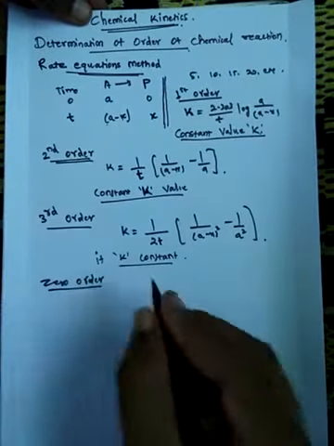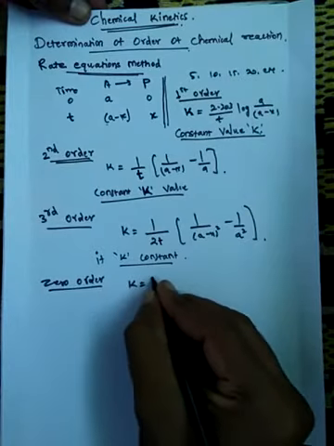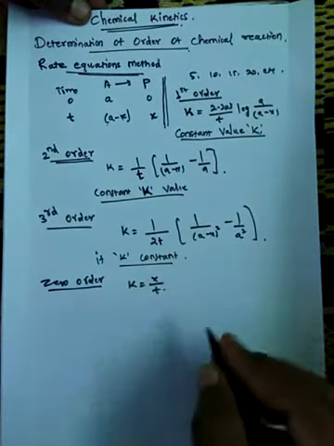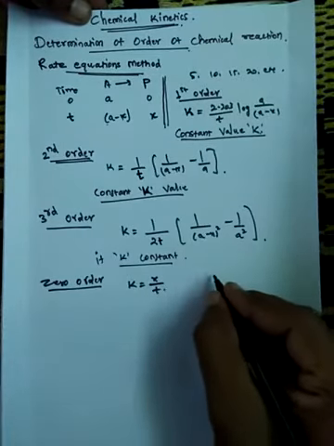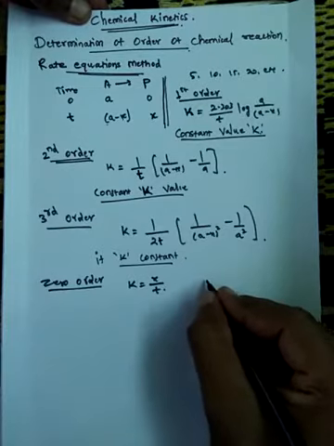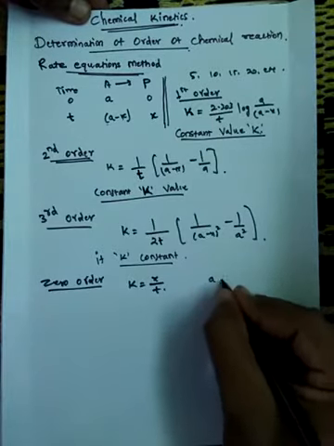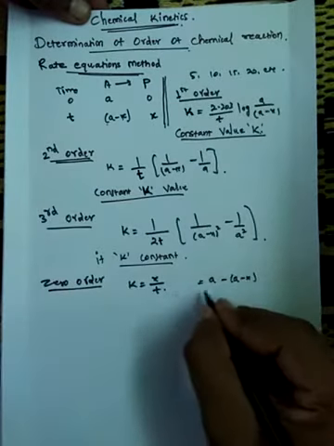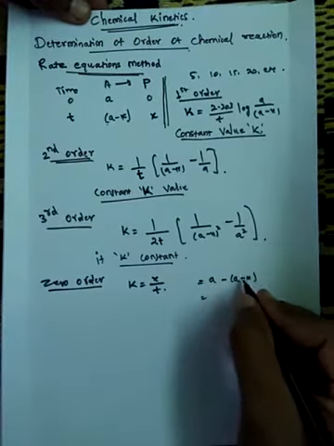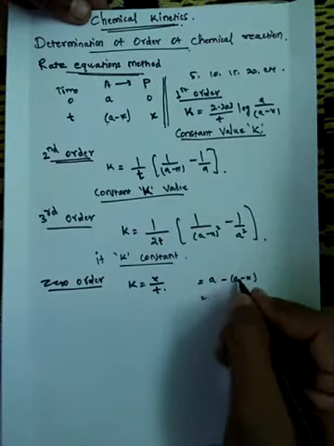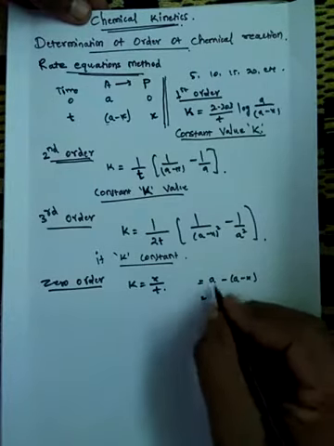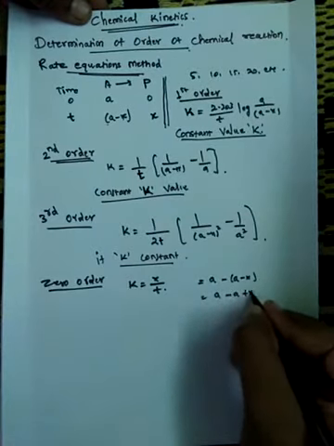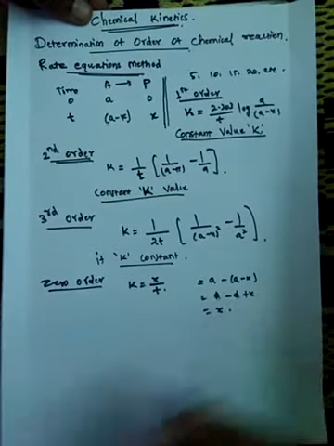I know for zero order reaction, k equal to x by t. So here you found the value of a minus x. If you subtract a minus x from a, the initial concentration, then you will get x value, right?